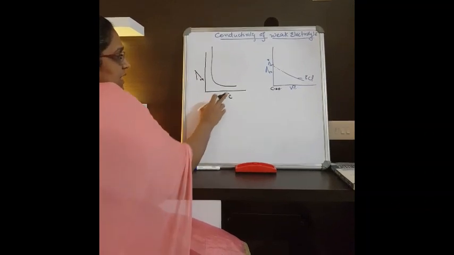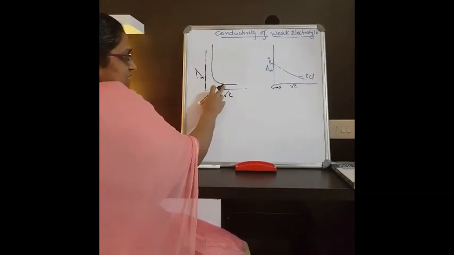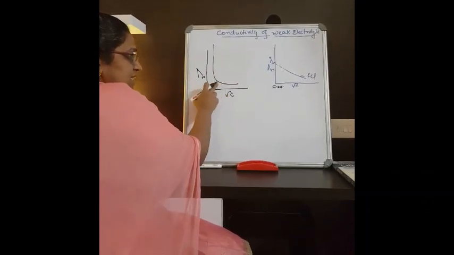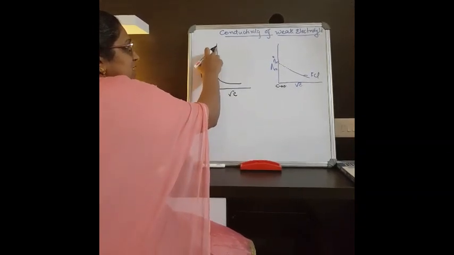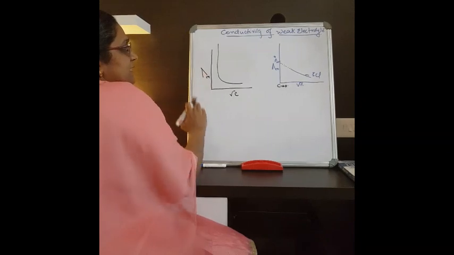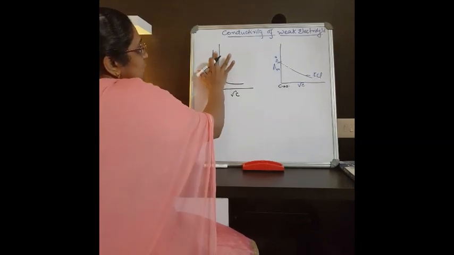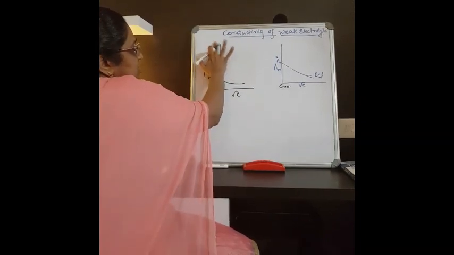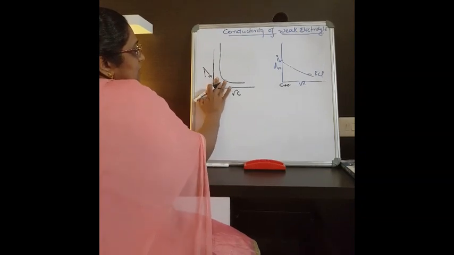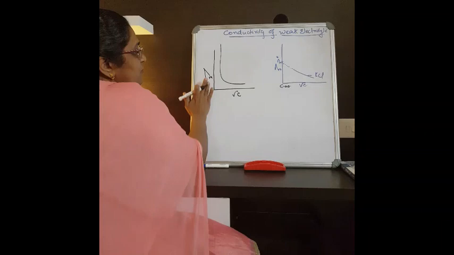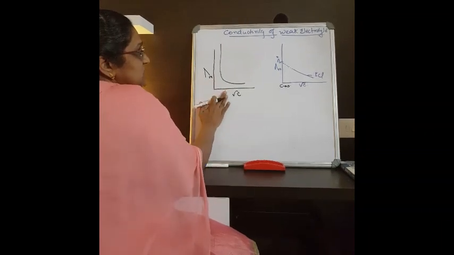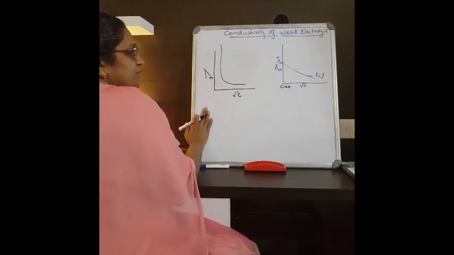As the concentration is decreasing, lambda m is increasing, and there is a steep increase in the molar conductivity. It is going parallel to the y-axis, it is not getting touched, isn't it? So it goes on increasing. A very steep increase is there for the molar conductivity in the case of a weak electrolyte.